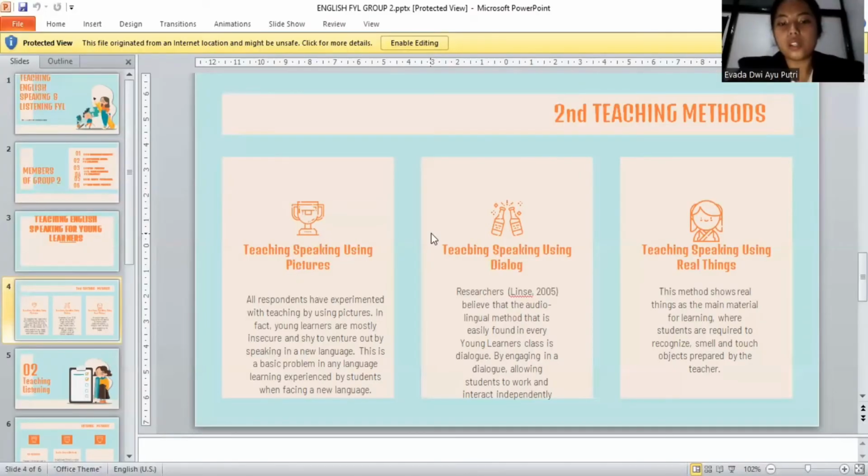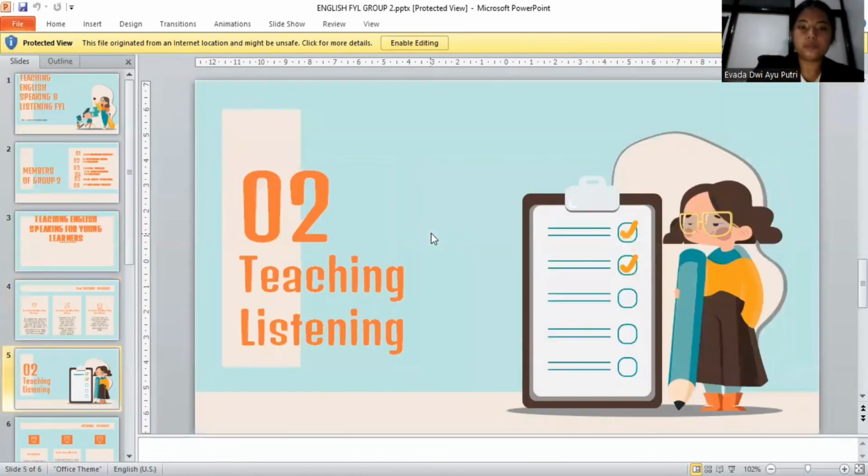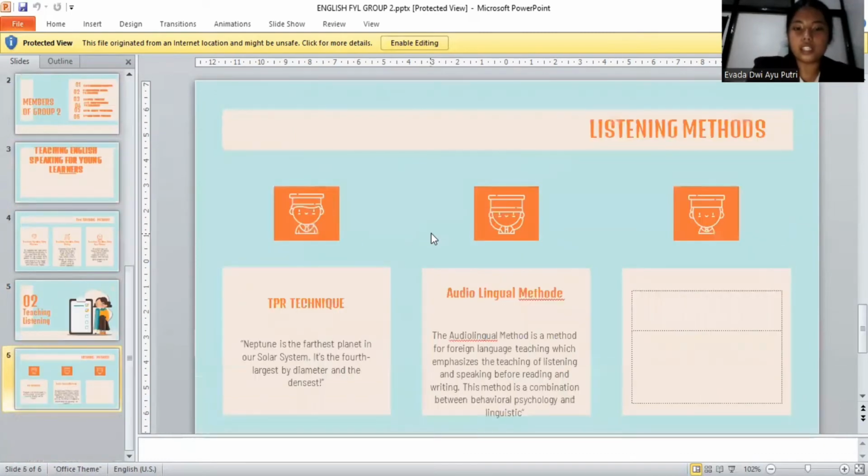And the second one, we have listening method. For teaching listening, we have two methods.